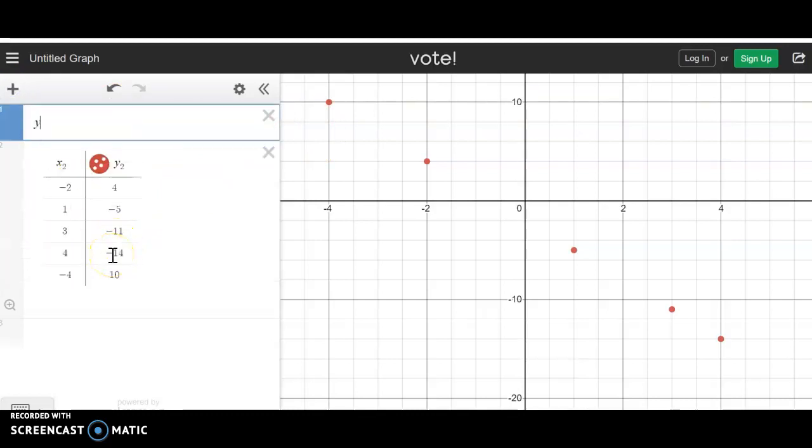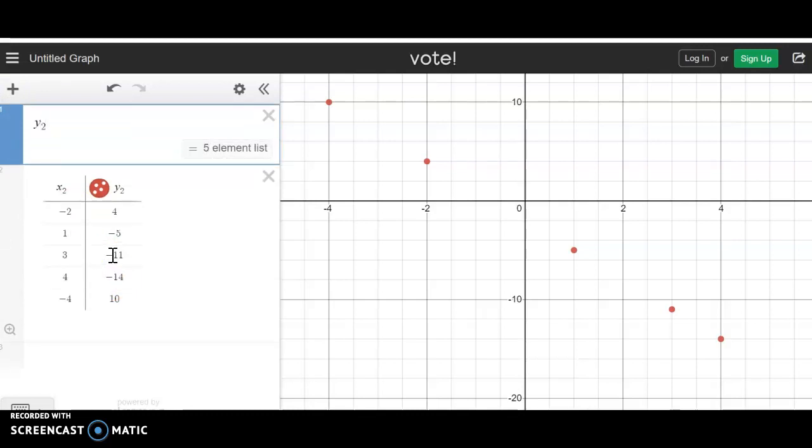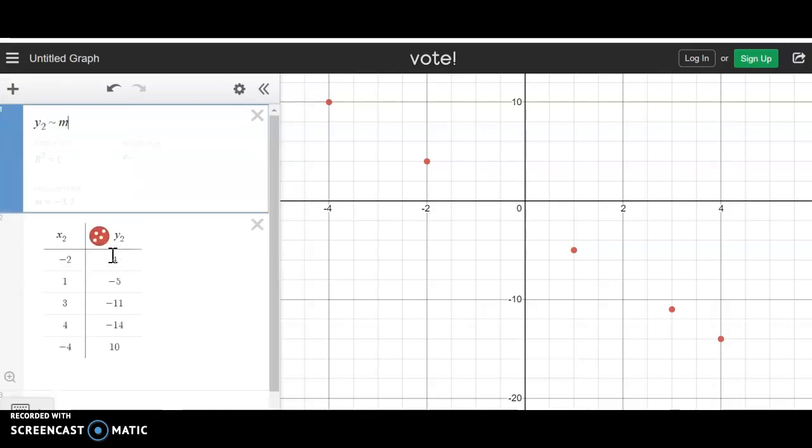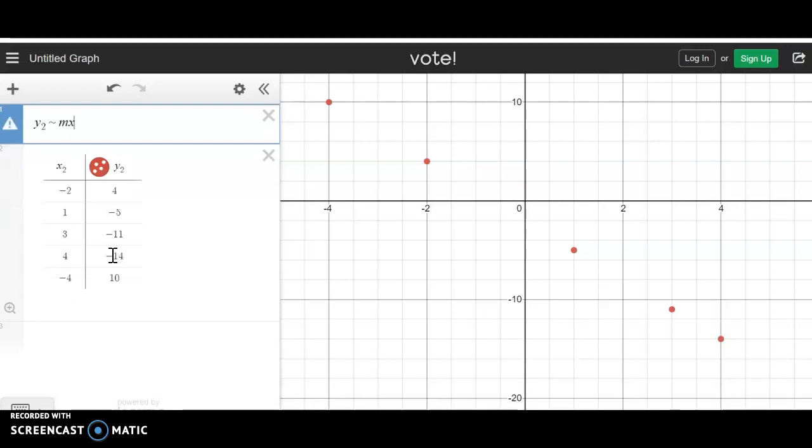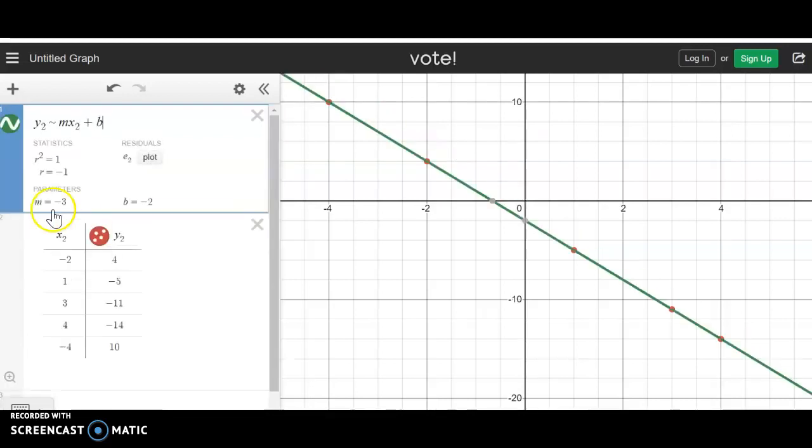So this is y2 mx2 plus b, and I look at my coefficient, my correlation coefficient, and it's -1.